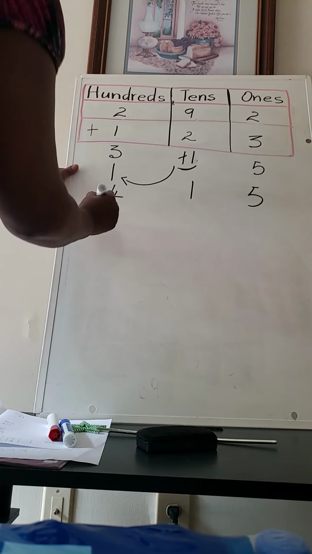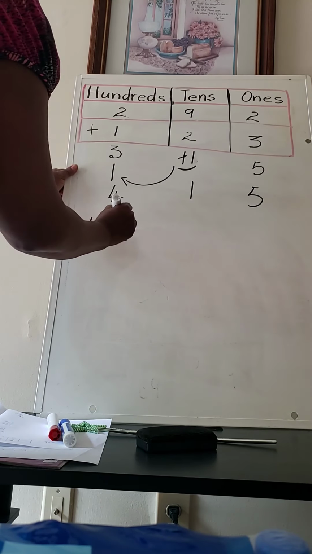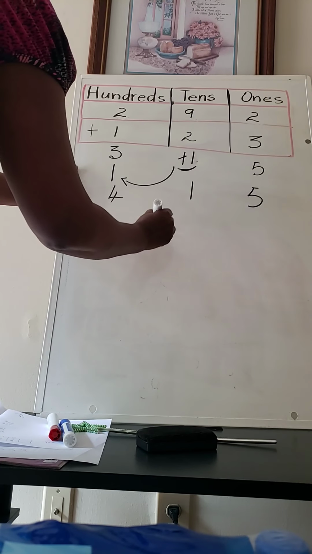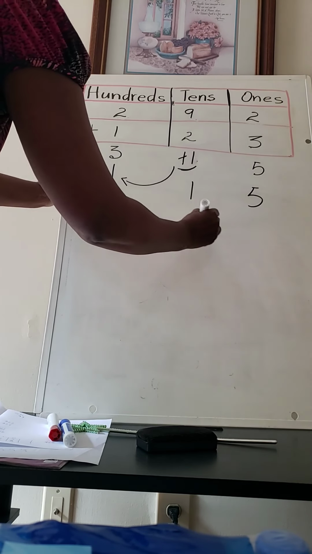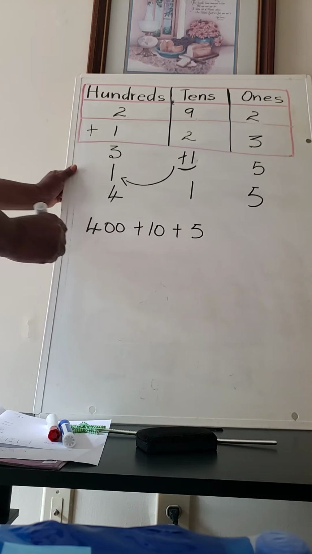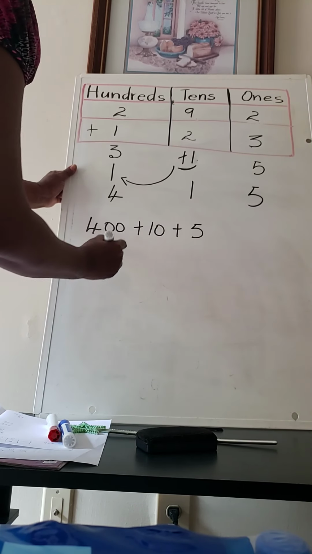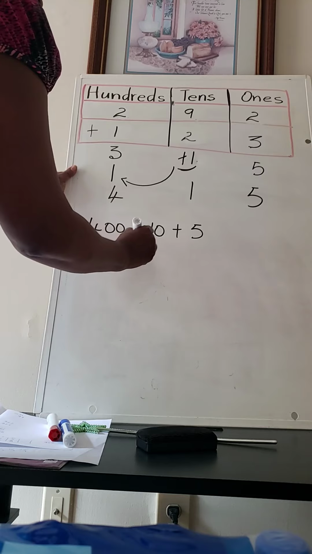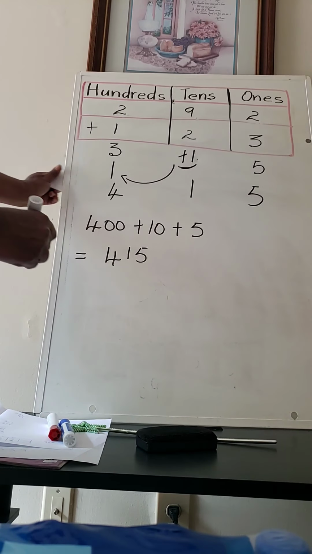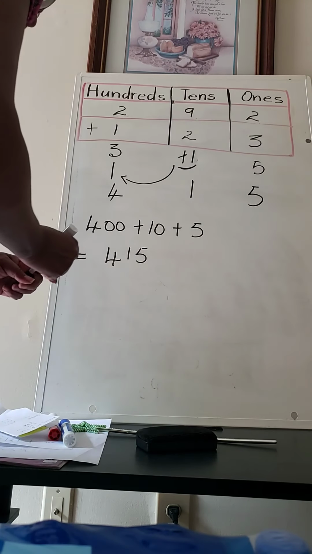So in expanded form, this would be 400 plus 10 plus 5, and it gives us in standard form 415.